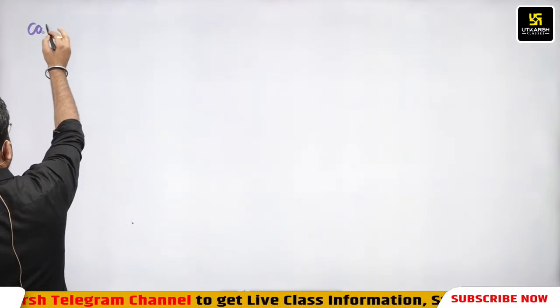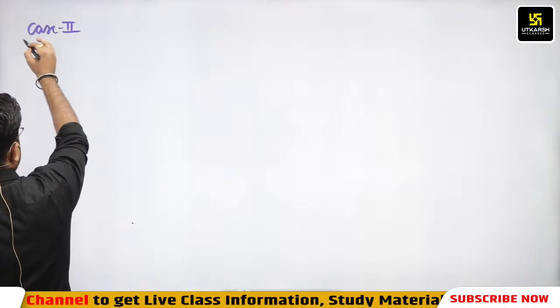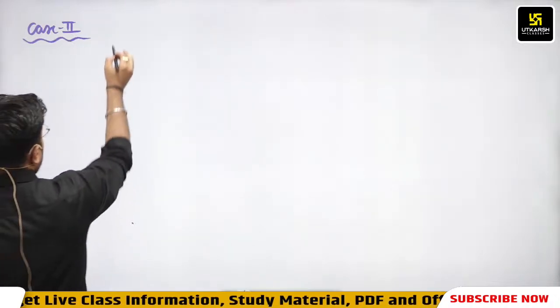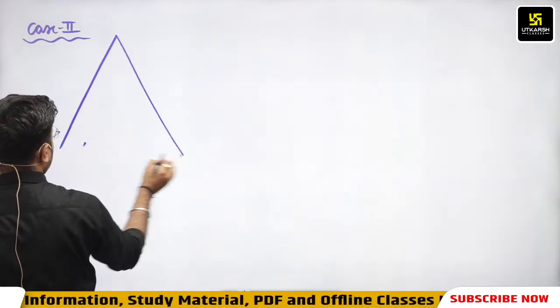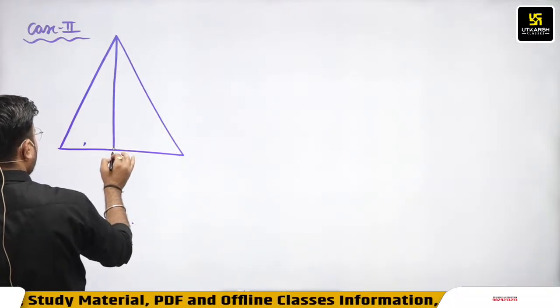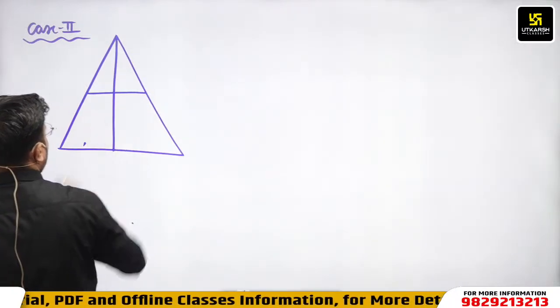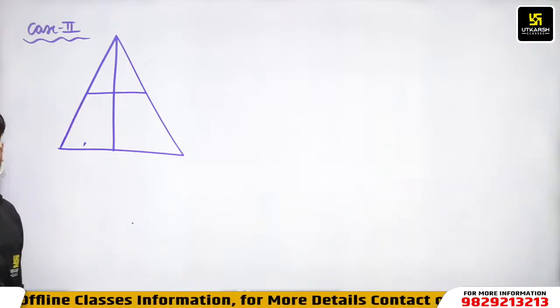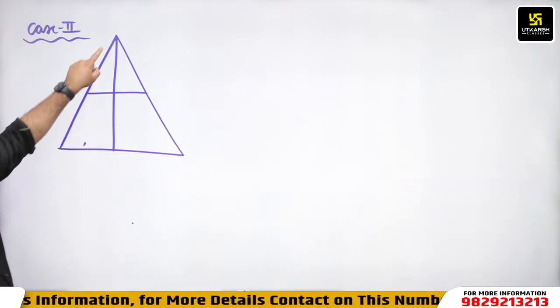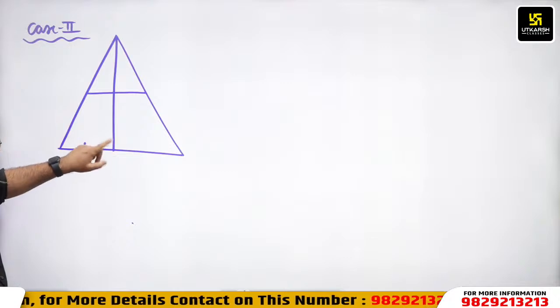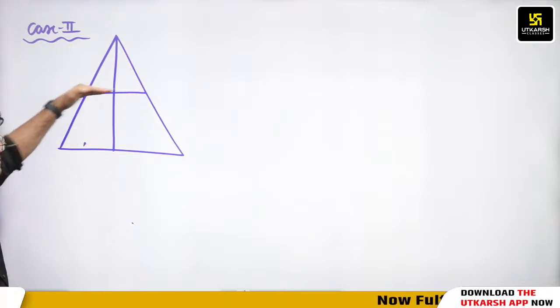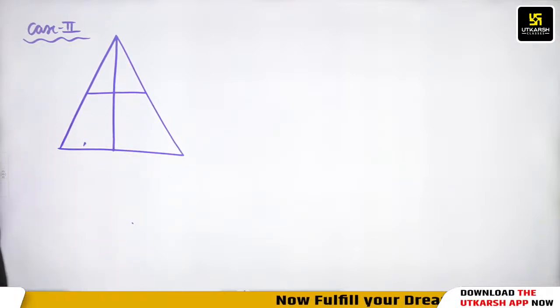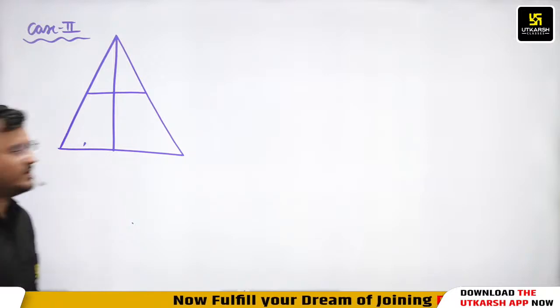Case second. Now, for example, if I also draw a parallel line in this figure, we draw a line from the vertex to the opposite side, and now we introduce one more line that is parallel to the base. Now I am asking how many triangles there are in this figure.